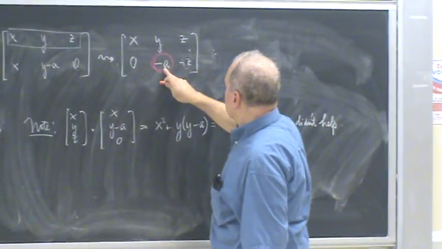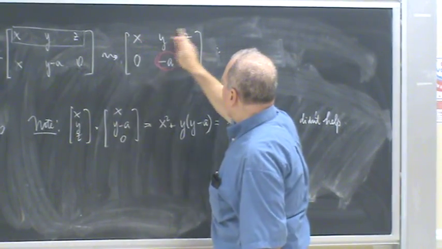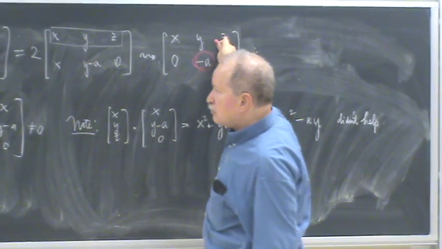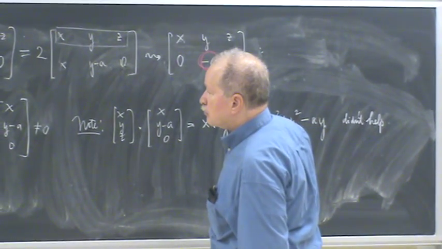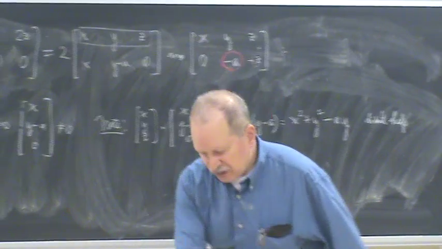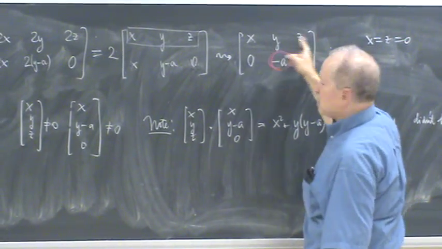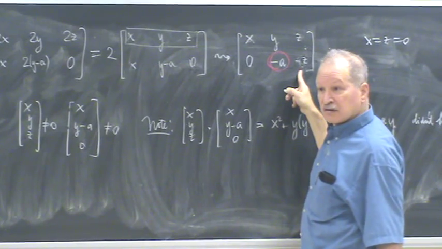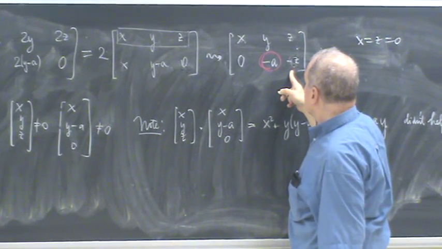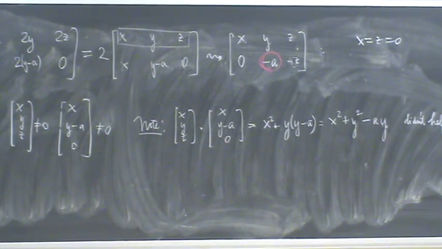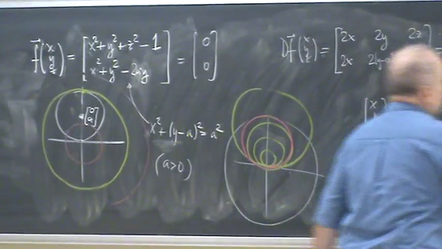Could it happen that both x and z are 0? Yes, sure. If we had x and z both 0, then we'd be in trouble. We'd be down to just one pivot. But if x and z are both 0, that means y has to be 1 or minus 1.